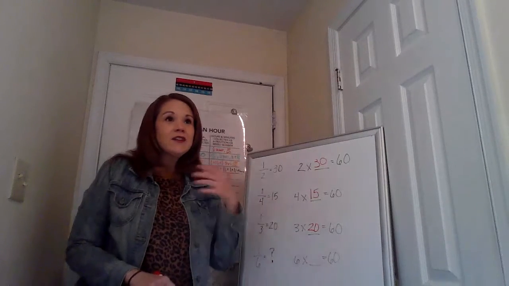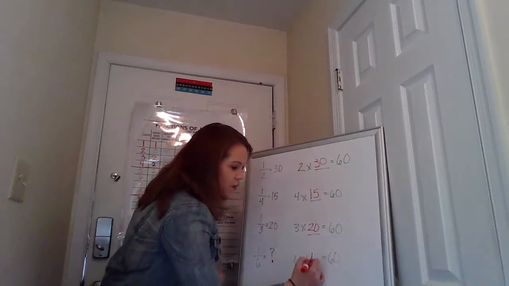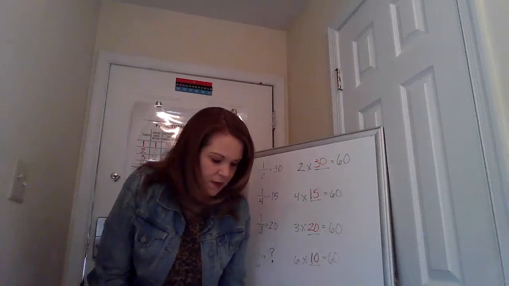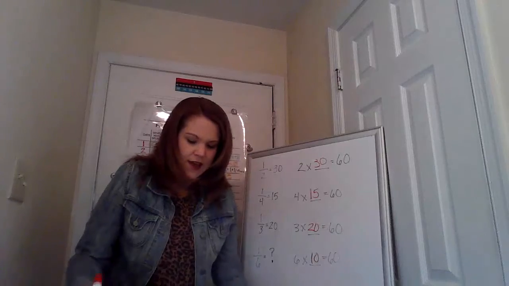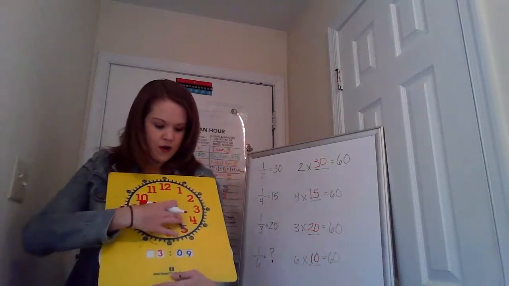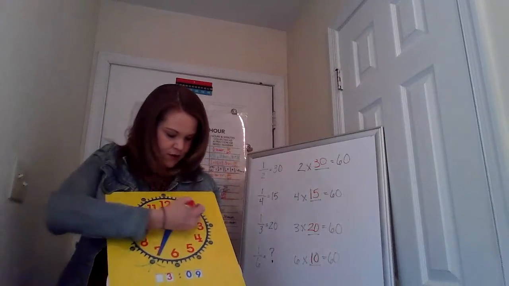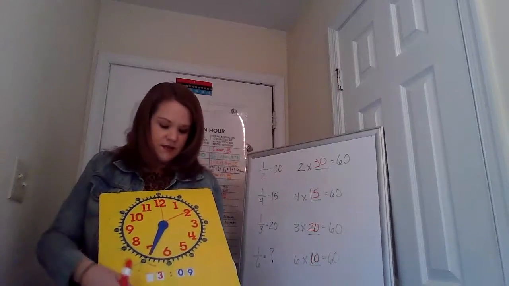And last week I learned about tens. So I know that 10 is going to go in this spot. So if I took my big clock right here and I divided this into 10 equal parts, I'm saying, okay, so here we're going to start here and go to here. That's 1/6 of the hour.